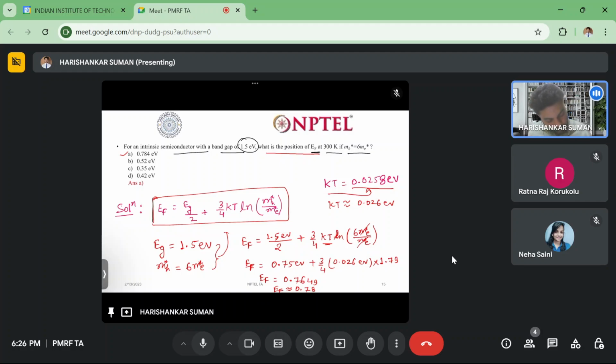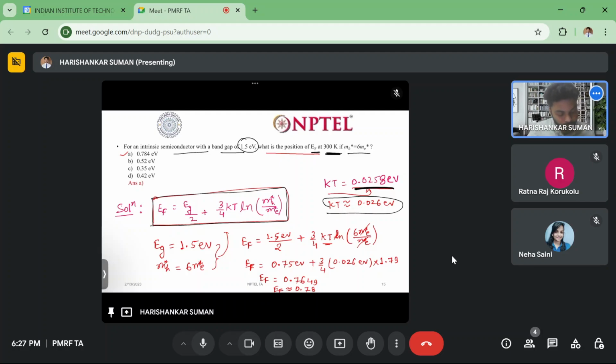So this is the formula: Eg by 2 plus 3 by 4 kT times the log of the effective mass of the hole with respect to the effective mass of the electron. Put in the values. kT at 300 Kelvin will be 0.0258, or you can approximate 0.026 electron volt.